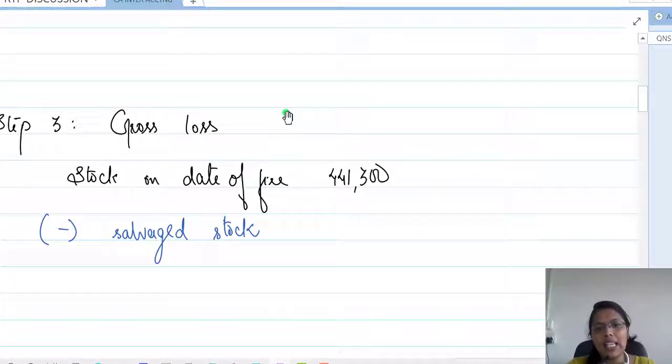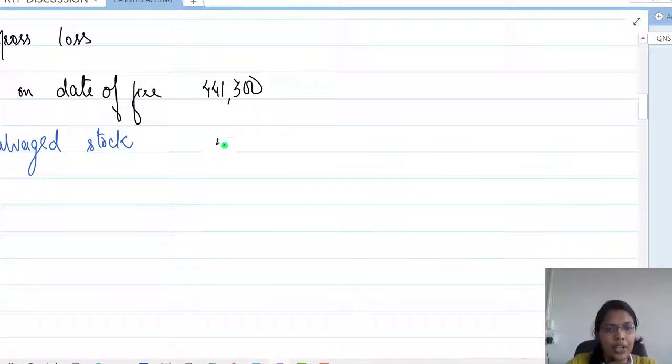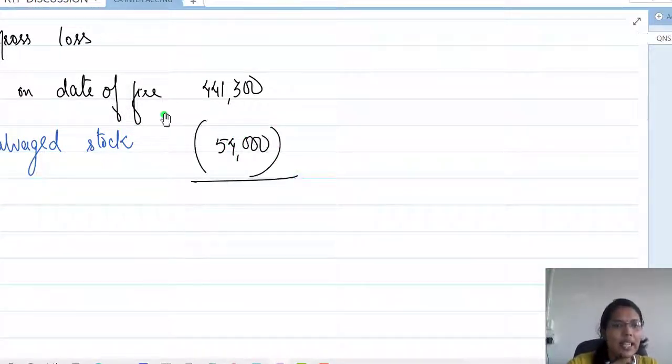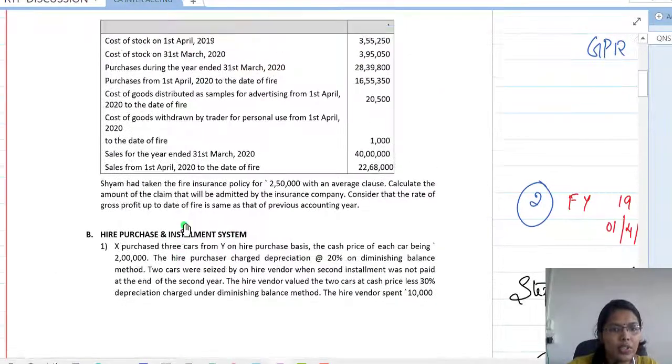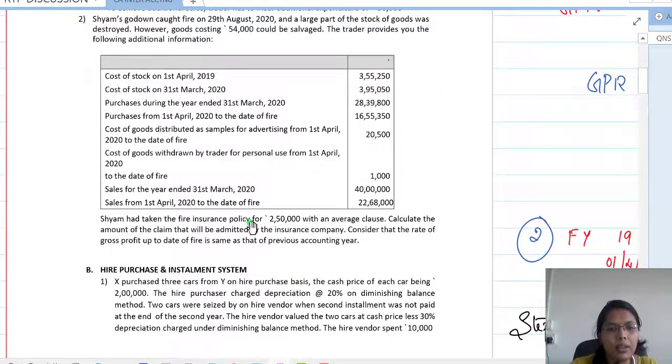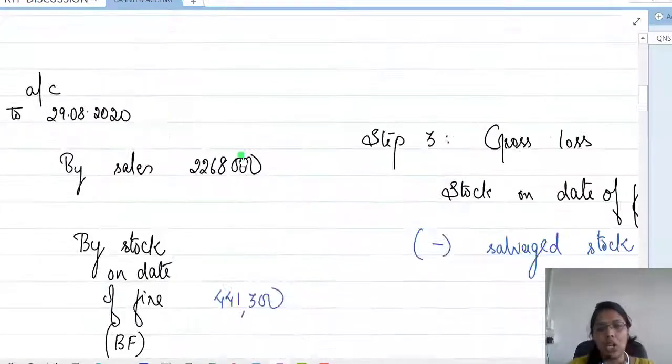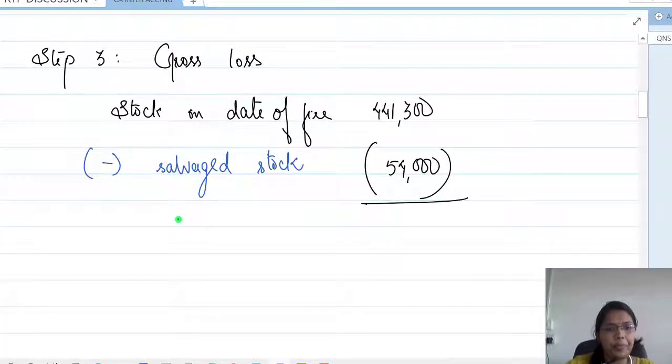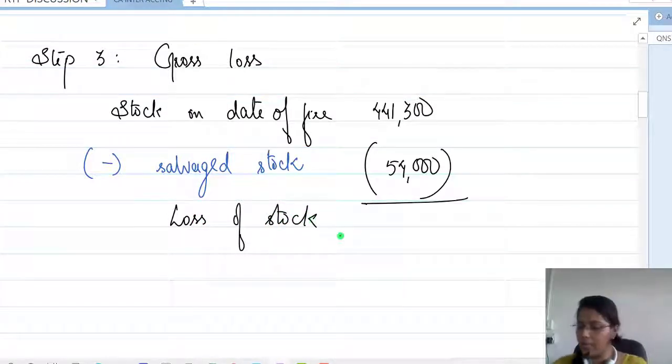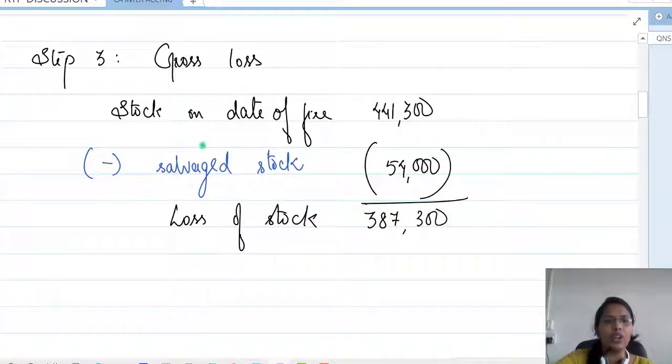So 54,000 salvage stock will be reduced. So once we reduce 54,000, we can say that the actual loss of stock is 3,87,300. This is nothing but the gross loss.